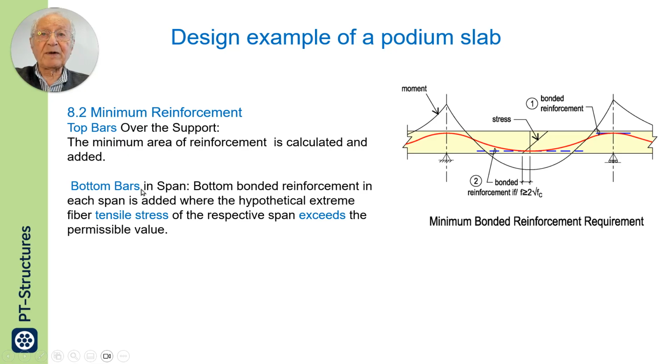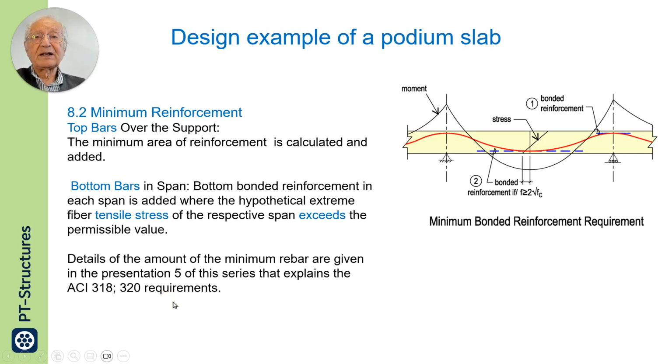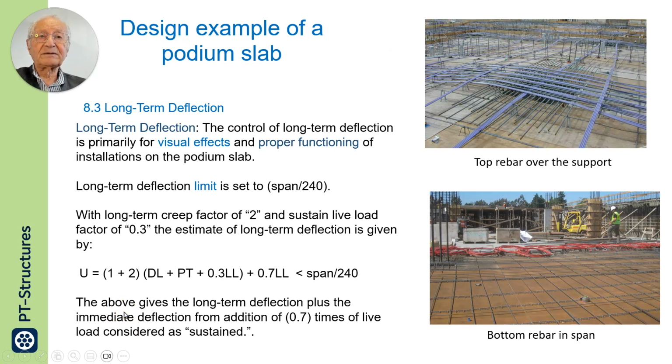Bottom reinforcement in each span is added where the hypothetical extreme fiber tensile stress of the respective span exceeds the permissible value. Details of the amount of the minimum rebar are given in presentation 5 of this series that explains the ACI requirement in detail. So we add the minimum rebar.